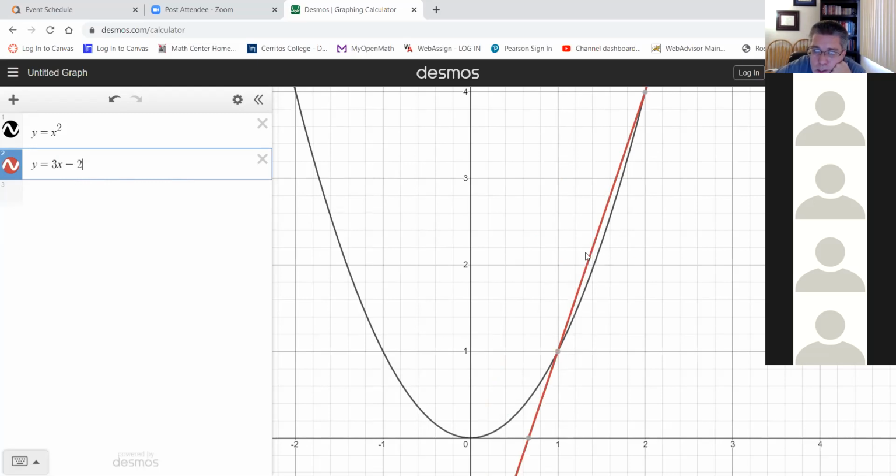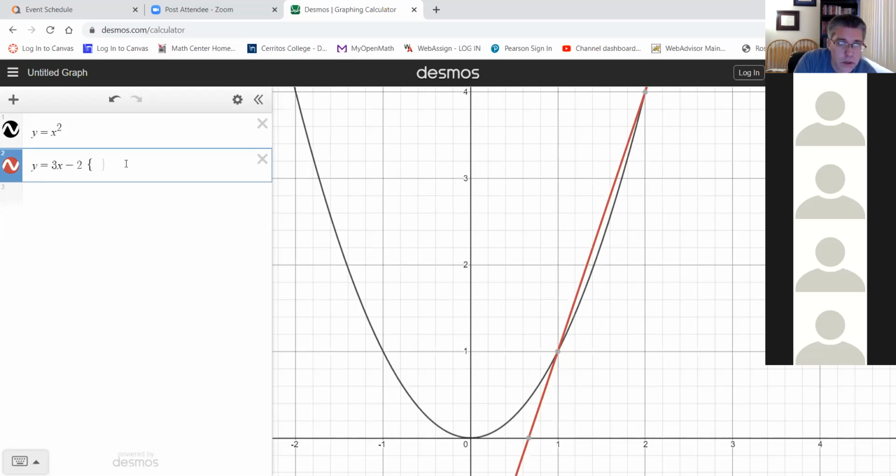So now you can see that the red here is the secant line. And I could say I only want these values from 1 to 2. We'll say we only want them from 1 to 2.